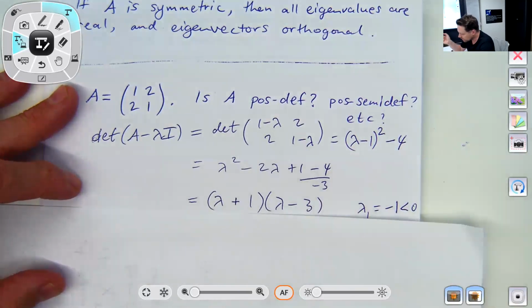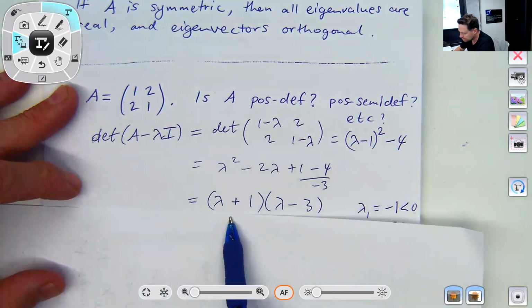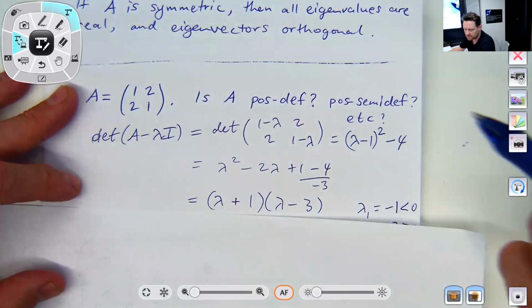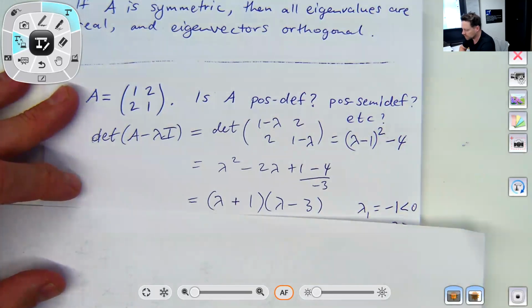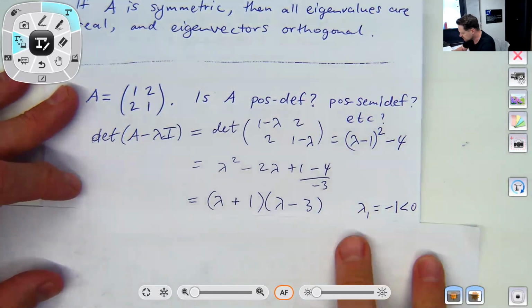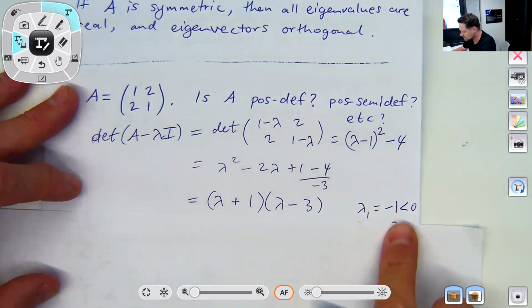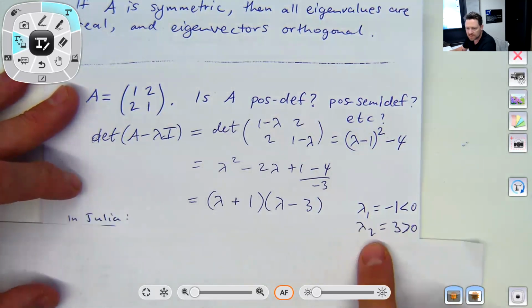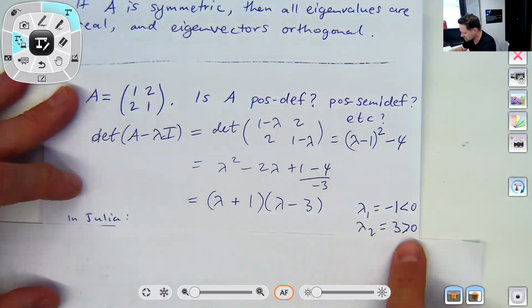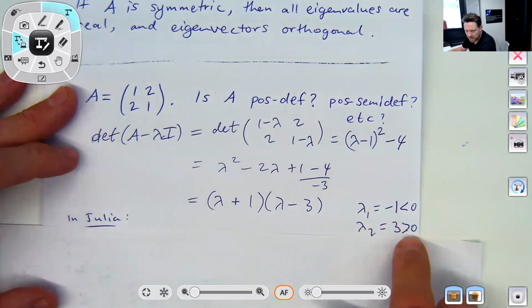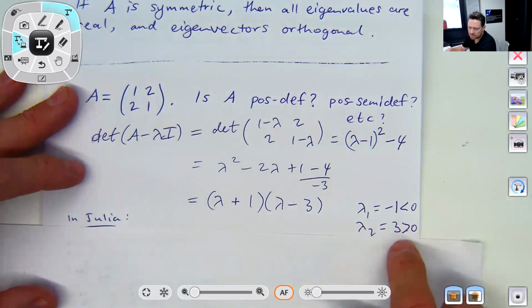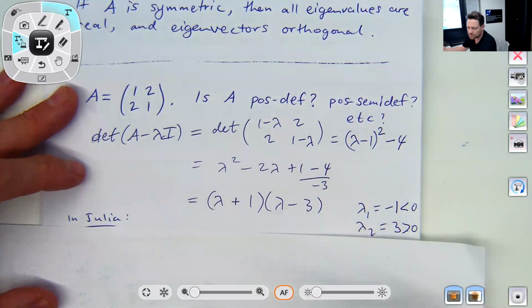So now we see that minus 1 makes it 0, or 3 makes it 0. So these are zeros of this polynomial, otherwise called roots. So lambda 1 is minus 1 and lambda 2 is 3. That's negative and positive respectively. It doesn't matter if you call lambda 1 to be 3 and lambda 2 minus 1.